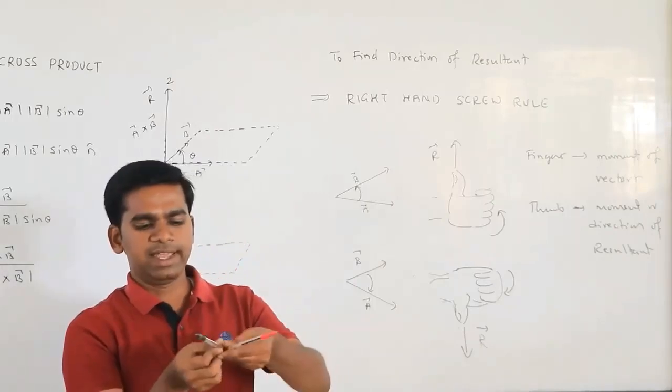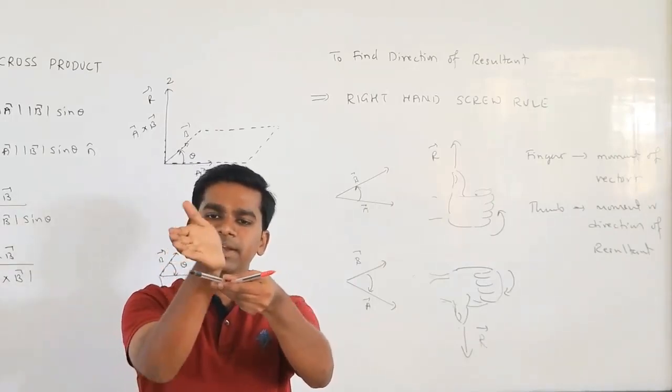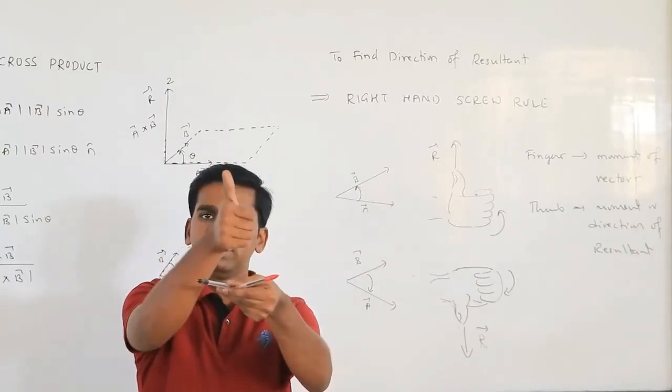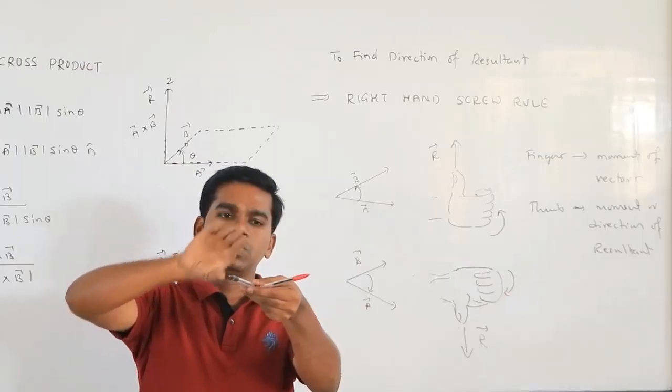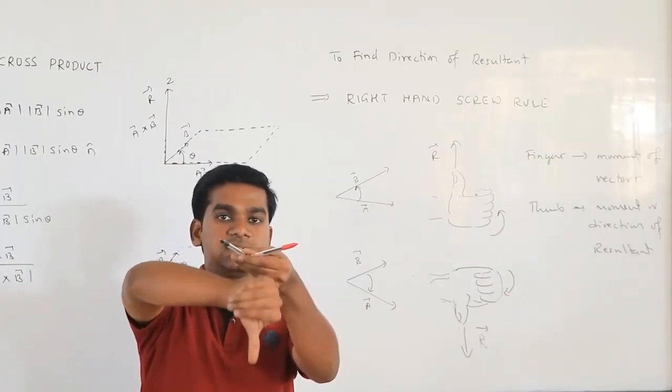If I hold it like this, red to black, black to red, so what is the direction? Upward. Red to black, direction is downward.